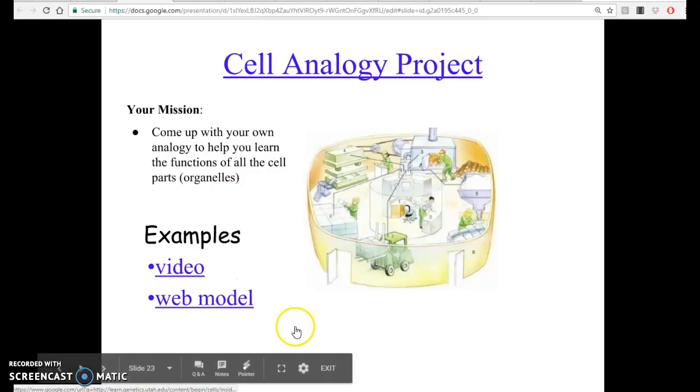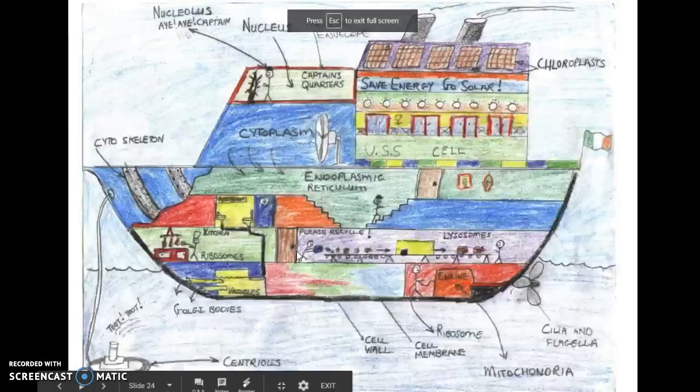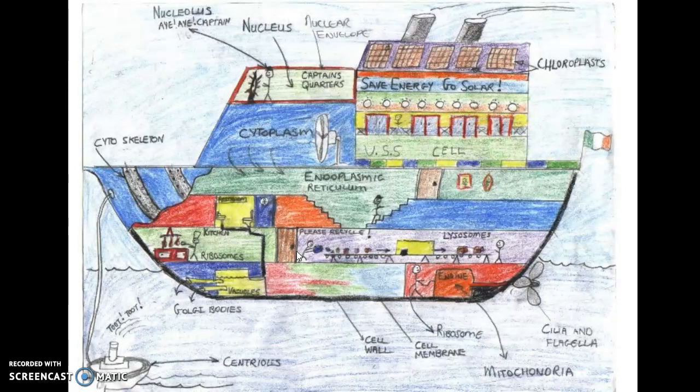So what I want you and your partner or alone to do is to figure out an analogy that works. So here's one that's a boat, and you can see they've labeled it like, oh, look, there's solar panels. Those are like the chloroplasts, and the nucleus is like the captain's quarters.